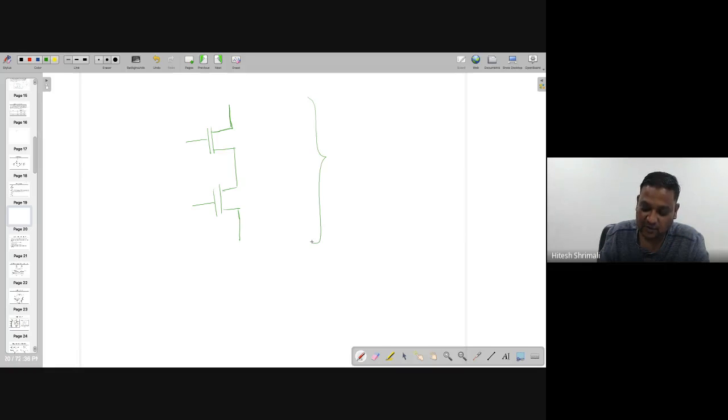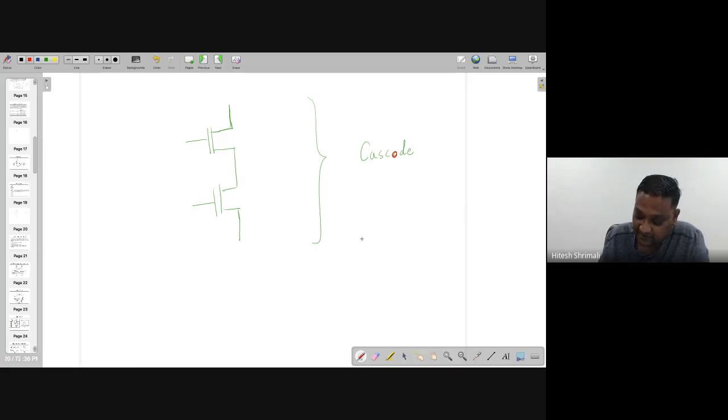such a combination is a cascode, not a cascade. Cascade is the one when the output of one stage is given to the next part.